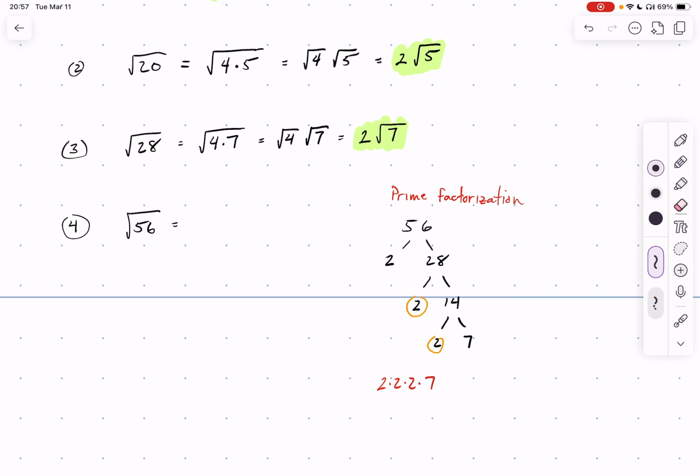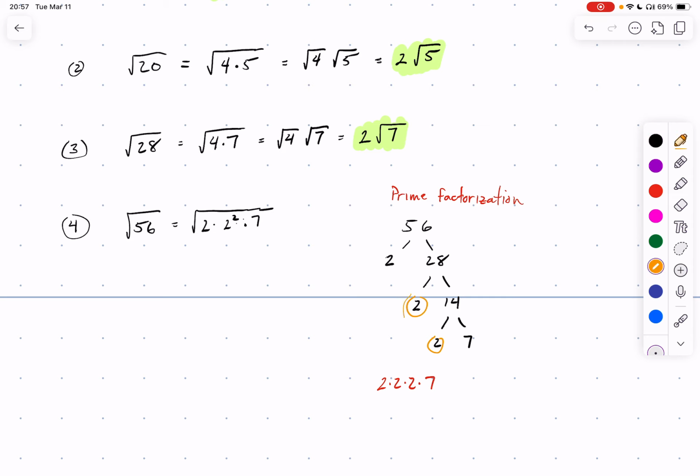So I could write this as, let's do it this way. Let's write this as the square root of 2, okay? And then I've got my other two factors of 2. So I'll write those as 2 squared times 7, right?